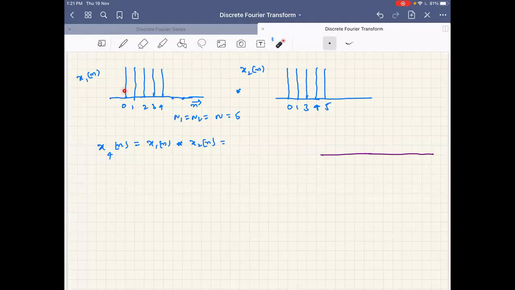Till it comes to 0, there is no overlap. Once the signal after flipping comes here, overlap will be 1. It increases up to 5 and then starts decreasing, 4 3 2 1 0. So we can directly write in this example. Those who are not familiar with convolution, I suggest you be clear on it.